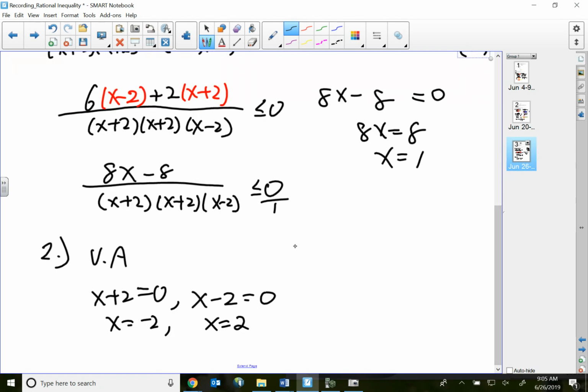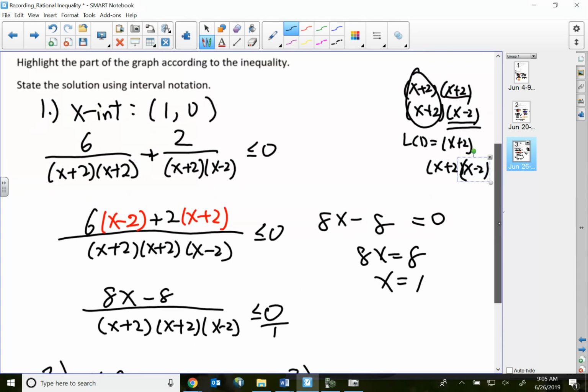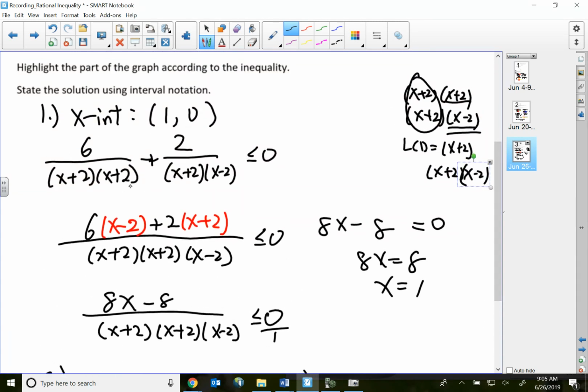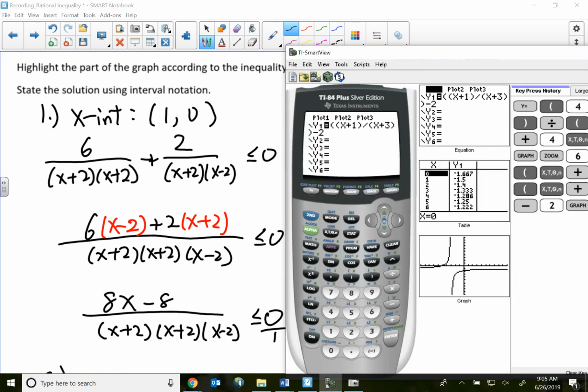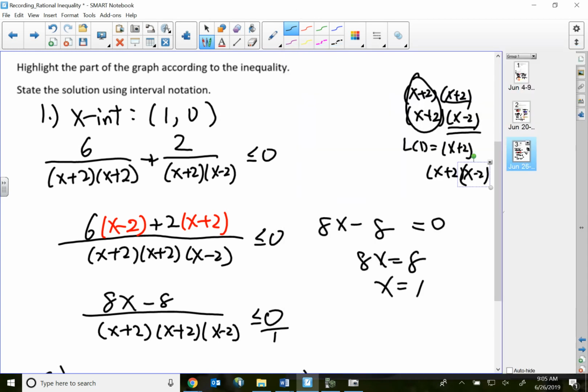All right, so let's graph and highlight. Let's go back up here. This is the function or expression I'm going to put in the graphing calculator. Two terms. The first term starts with a parenthesis: 6 divided by open parenthesis. You know what? This is already factored.